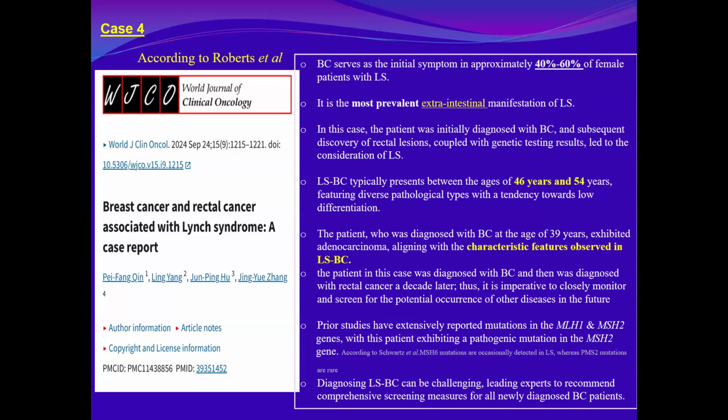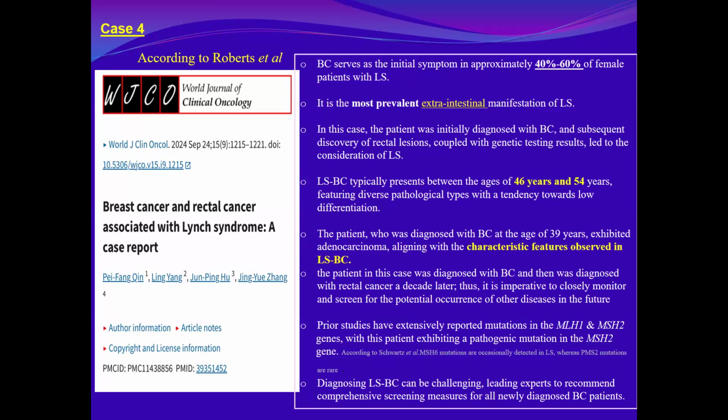So this case was reported in the World Journal of Clinical Oncology in September 2024, and they reported that breast cancer serves as the initial presentation in approximately 40 to 60% of female patients with Lynch syndrome.